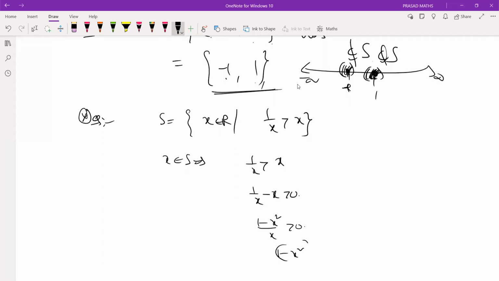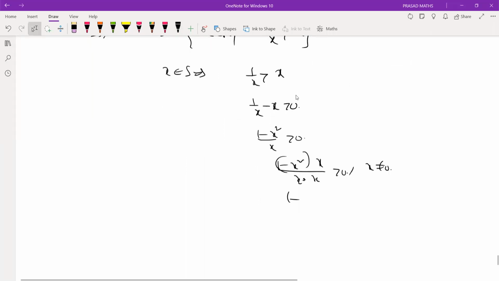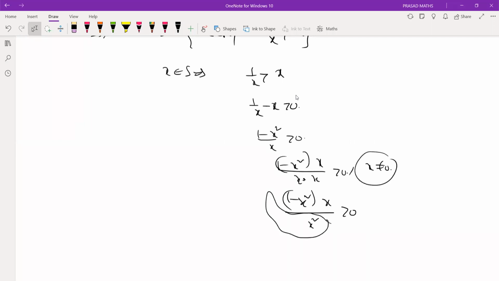Multiply and divide by x, when x is non-zero. Therefore, (1 minus x squared) times x over x squared is positive. 1/x squared is always positive, because when x is non-zero, x squared is always positive for every non-zero real number. So once it is positive, this is also positive.